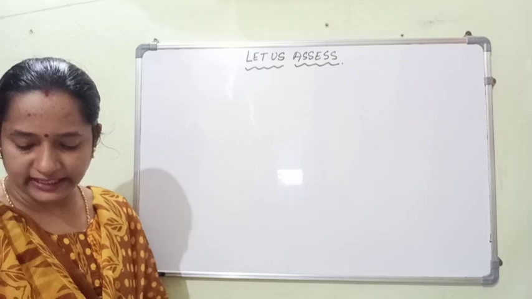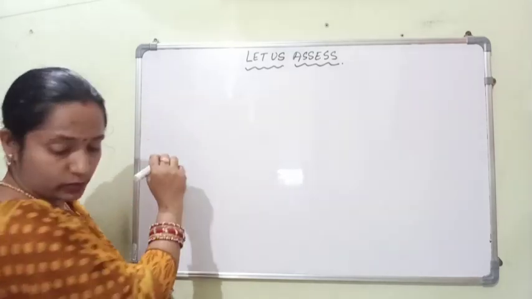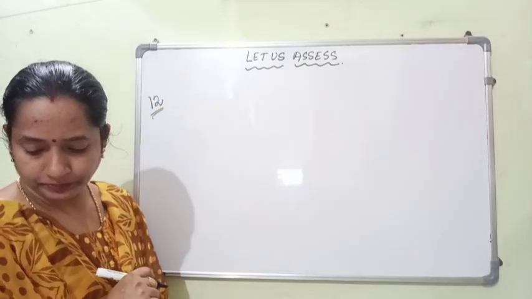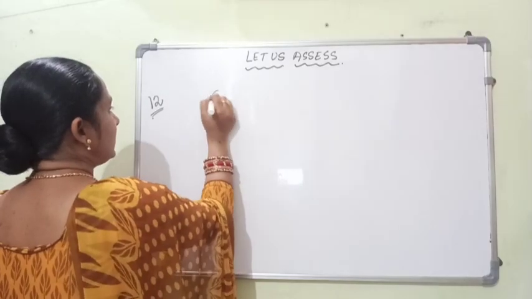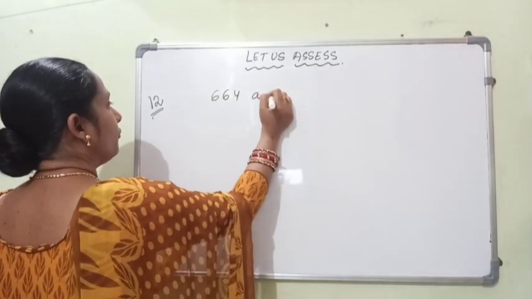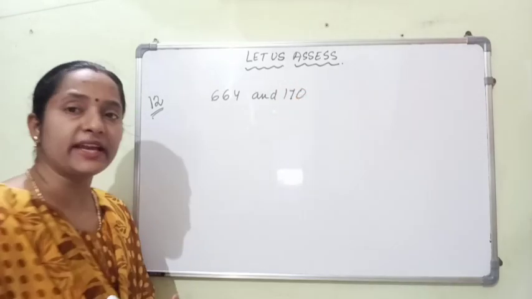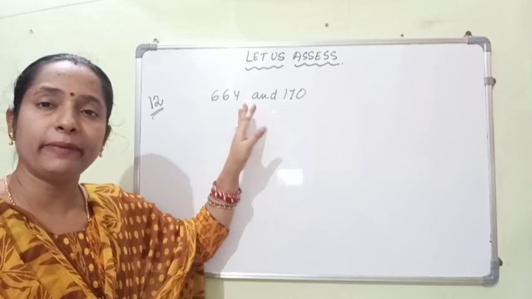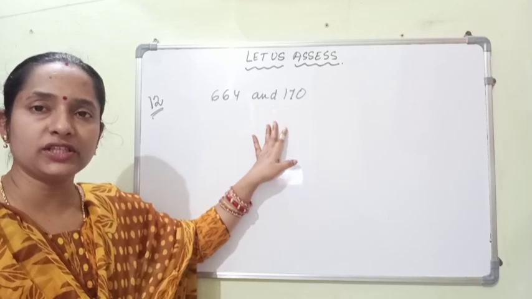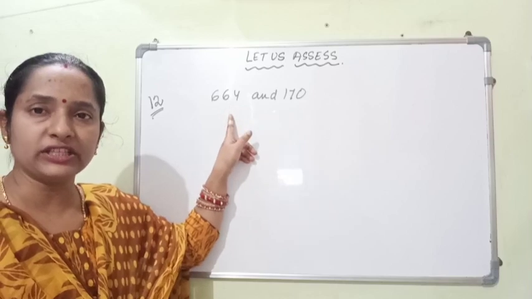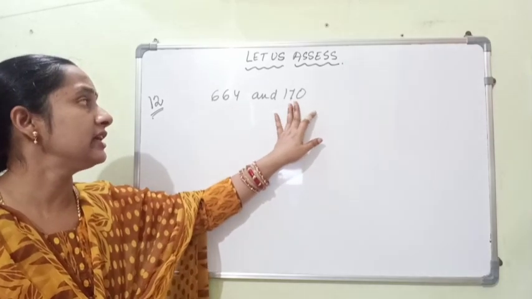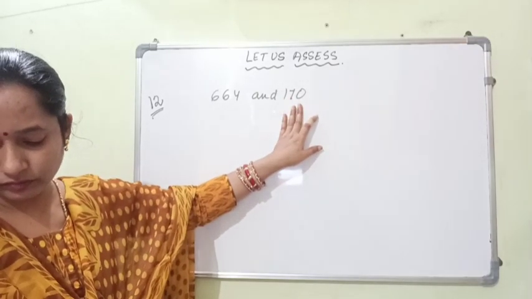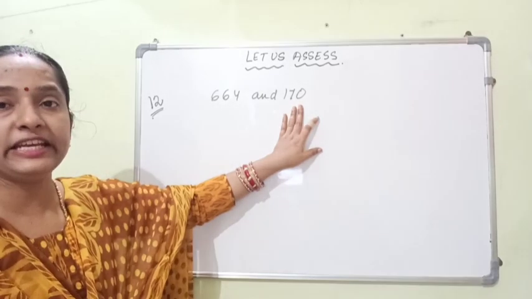So we are given 664 and 170. This is question number 12. You are given 664 and 170, where it says that when the first number and the second number are divided by the greatest number, the first leaves a remainder 1, and when 170 is divided, it leaves the remainder 2.